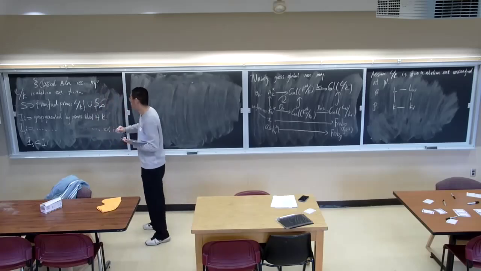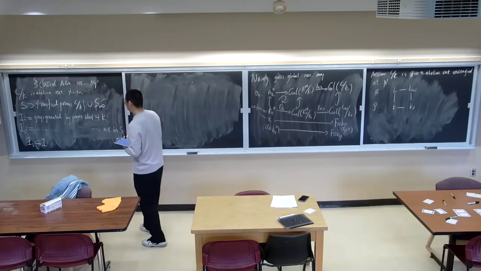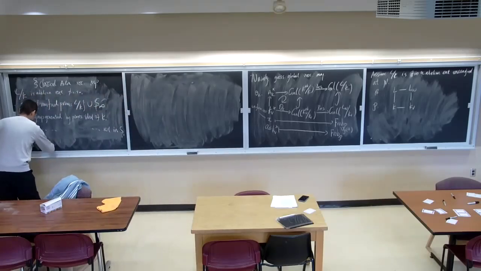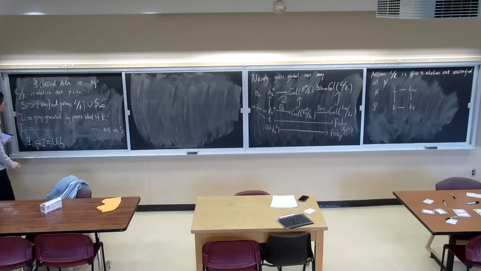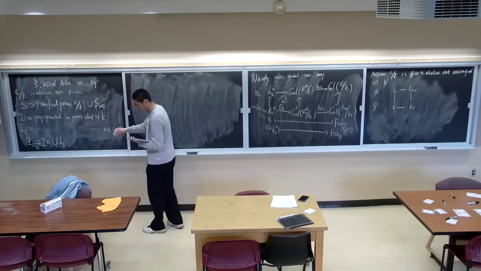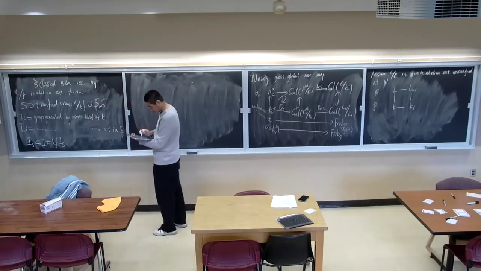It's just a group of fractional ideals. Maybe I can say one more thing: you can view I as a union of all I_S. So you will see the relationship later.